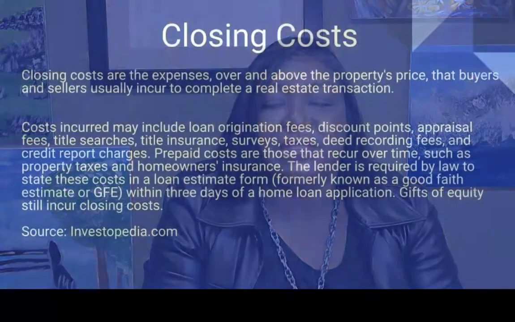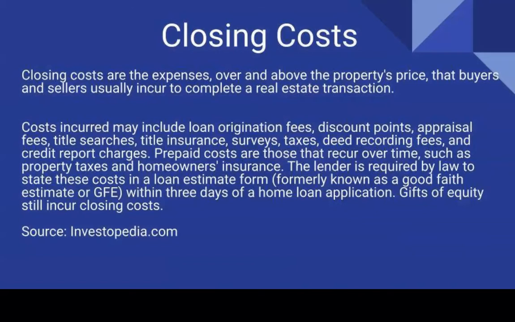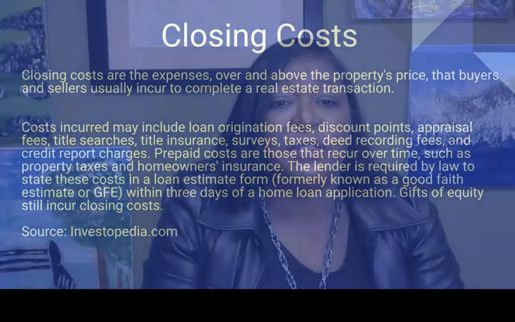The next term that we're going to look at is closing costs. Closing costs are also very different from the earnest money, but people tend to lump those together in their thinking, so I thought it was very important to separate them. And closing costs are considered the expenses over and above the property's purchase price that buyers and sellers usually incur in order to complete the real estate transaction.